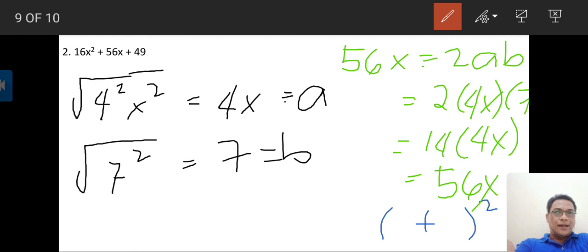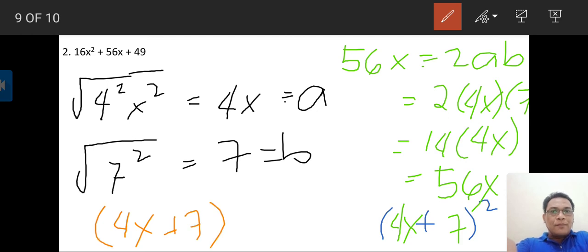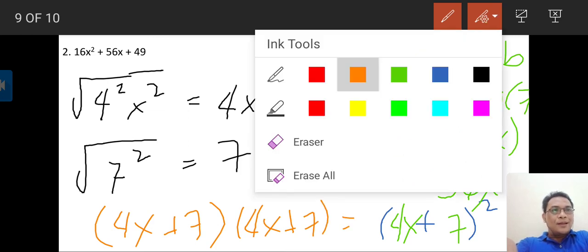Therefore, we can have this as 4x plus 7 squared. So that is the factored form. Or we have here 4x plus 7 multiplied by 4x plus 7, or (4x plus 7) squared.